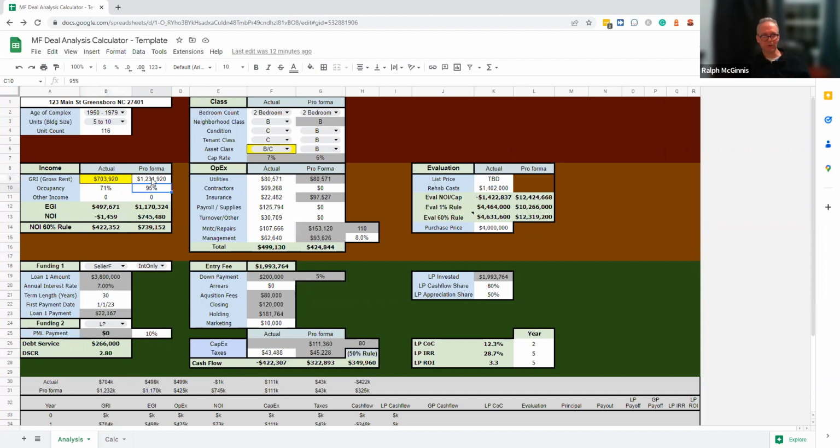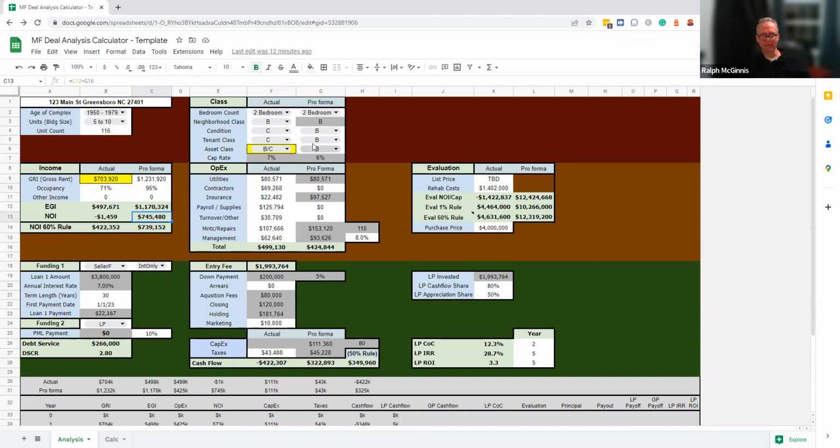So once you improve the gross rental income, you improve the occupancy rate, you decrease your operating expenses, now you come to a brand new NOI that is way better than the old NOI. Now, keep in mind too that the evaluation is based off of NOI divided by cap rate.